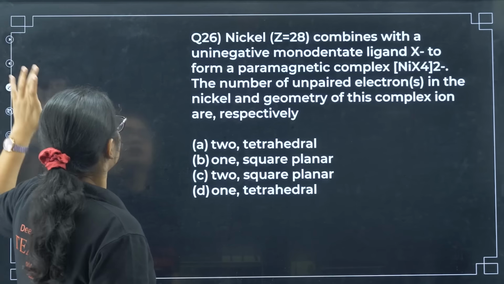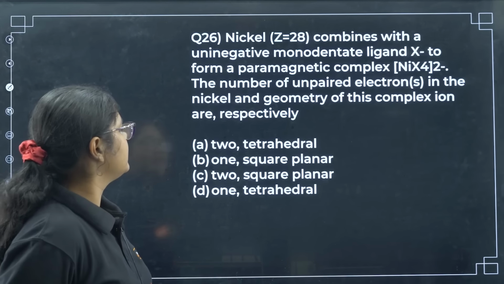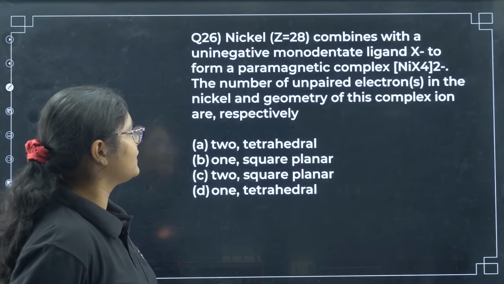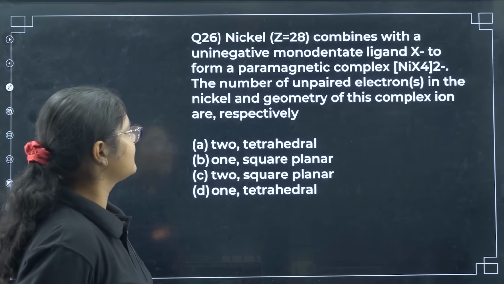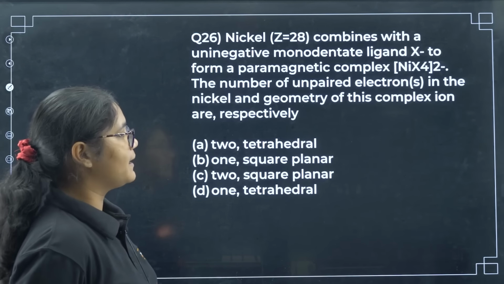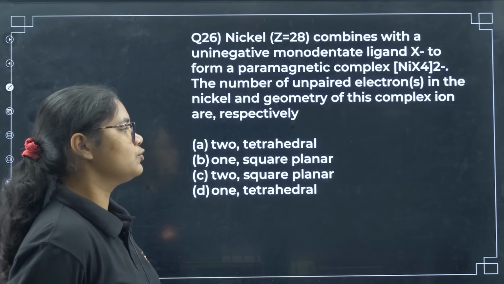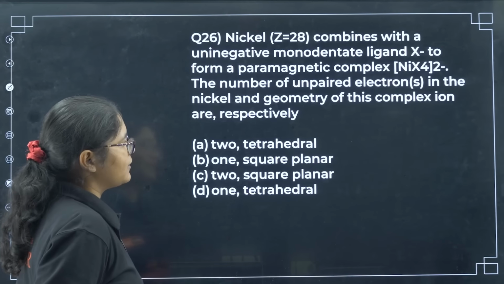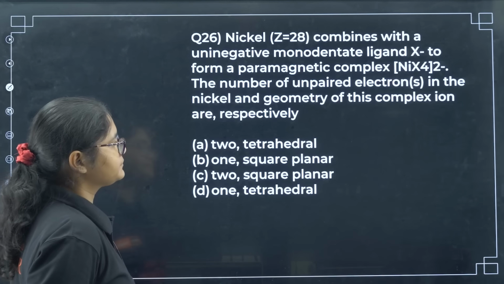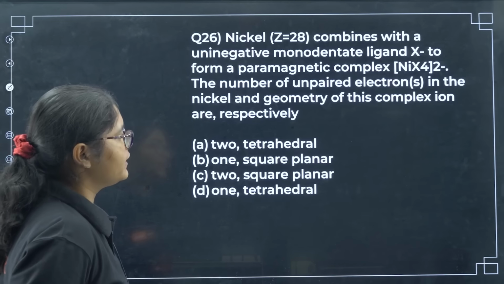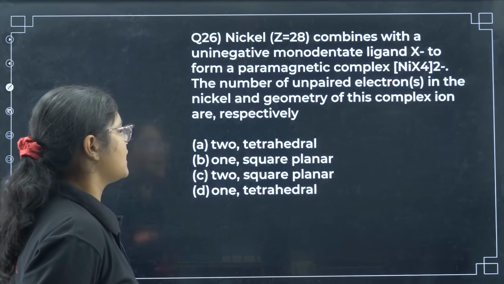Next, nickel combines with a uni-negative monodentate ligand X minus to form a paramagnetic complex NiX4 2 minus. The number of unpaired electrons in the nickel and the geometry of this complex is what?